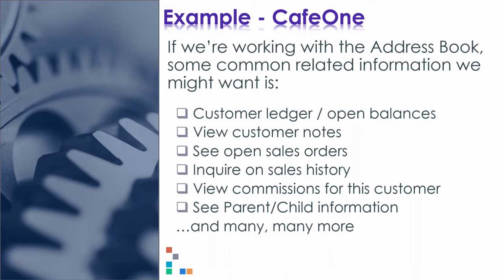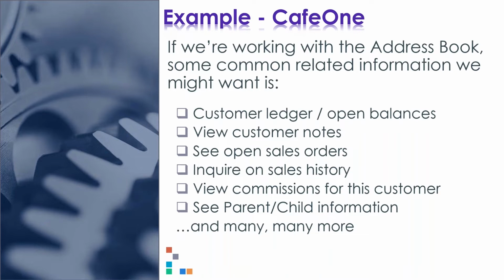So for example, if you have a sales order line that is related to a purchase order for either a transfer or a direct shipment, if you're working on the customer service side and you want to be able to see the customer ledger inquiry, if you're in the warehouse and you're working with shipments and you want to see the sales order detail that ties into a shipment.